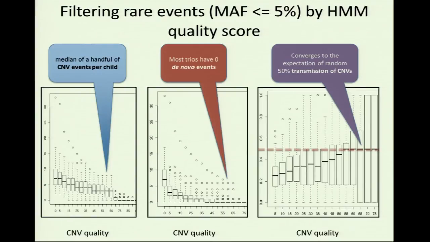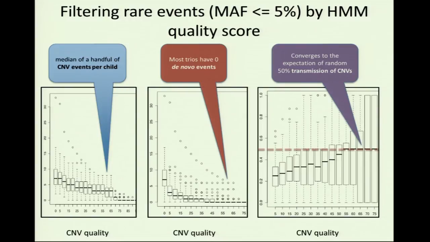So it basically tells us that we have a pretty expansive call set, so not every CNV there is necessarily real, and not even after filtering. But as you filter more and more using the quality scores that we provide, you get fewer CNVs called, which makes sense, and fewer de novo events.